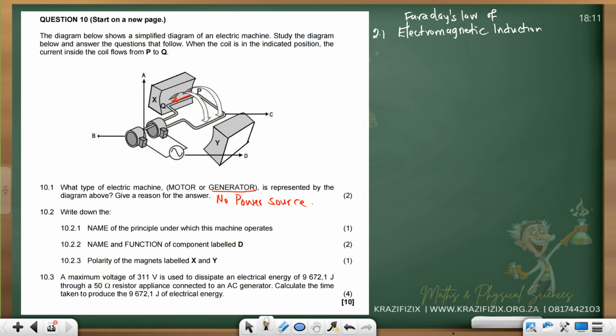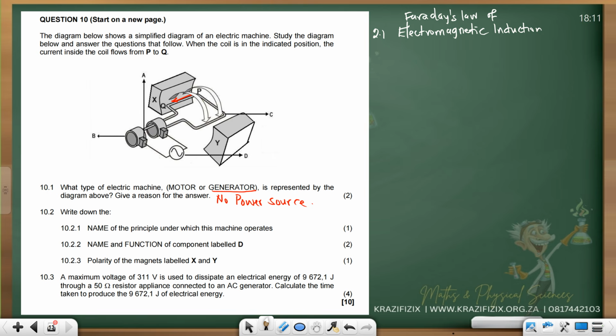Name the function of component D. What's D? Name and function of component labeled D. That's basically an external circuit. It could be anything.